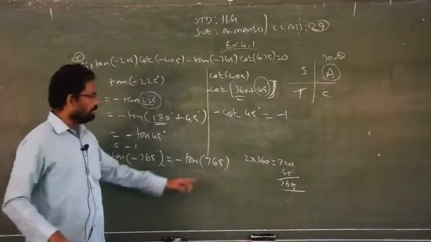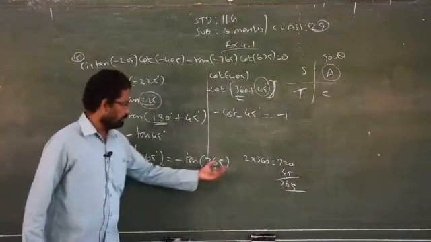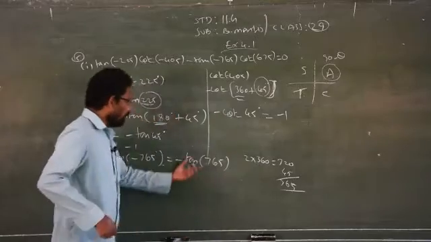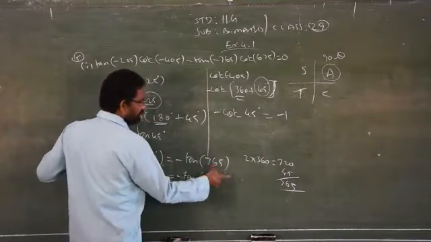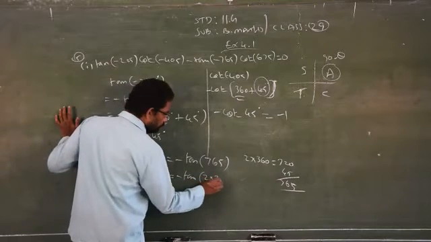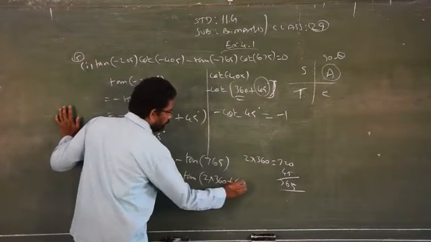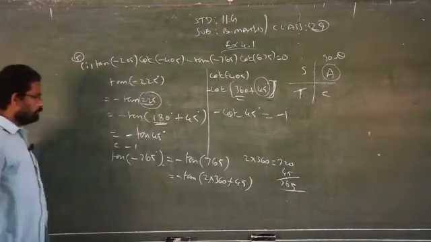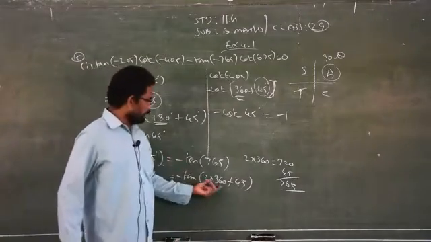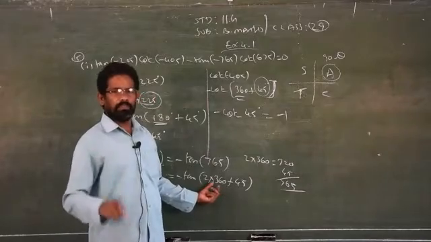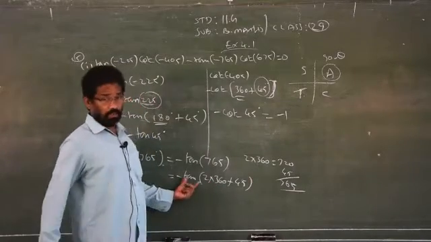Clear? So you have to divide and see. Normal division. This is for explanation purposes. How many times you have to express 765 as 2 into 360 plus 45. So 2 times you are expressing in terms of only 360. No changes in tan.